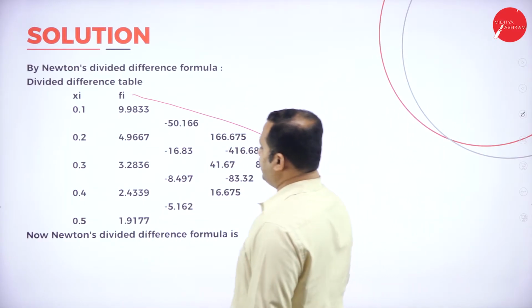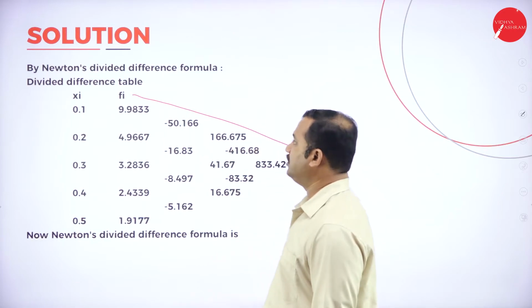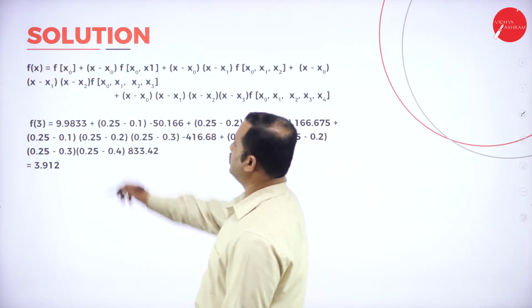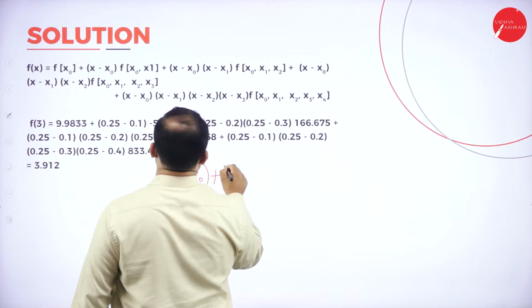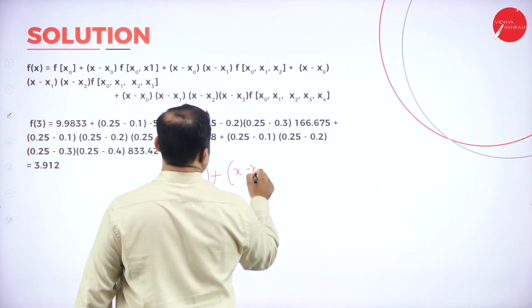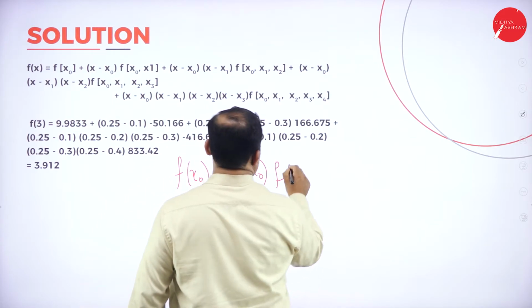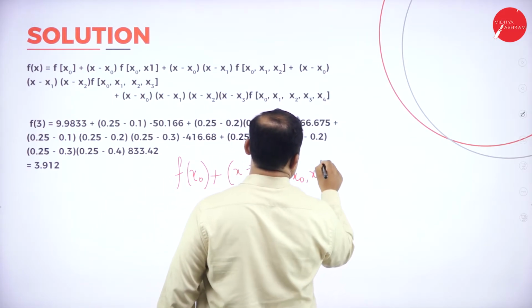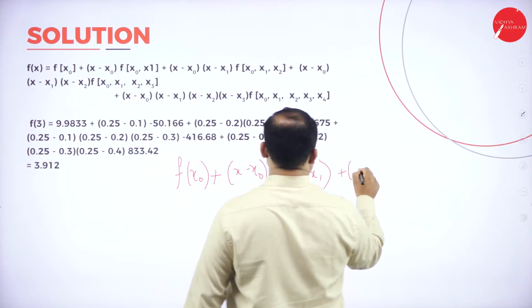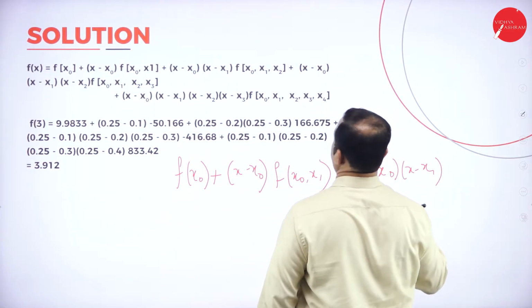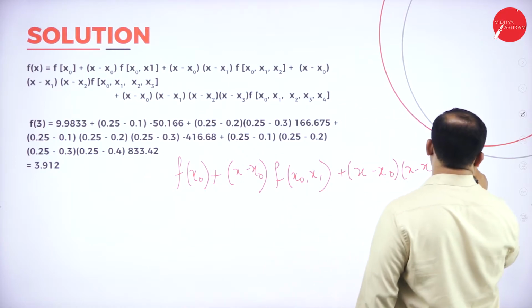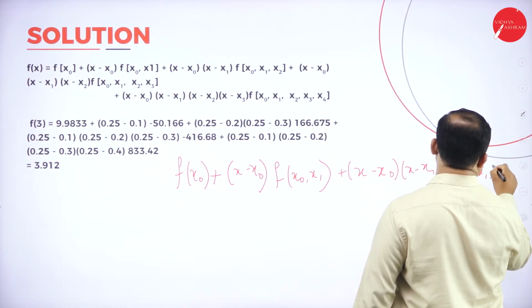Newton's divided difference. What is the formula for finding it? That is f of x0 plus x minus x0 into f of x0 comma x1 plus x minus x0 into x minus x1 into f of x0, x1, x2.